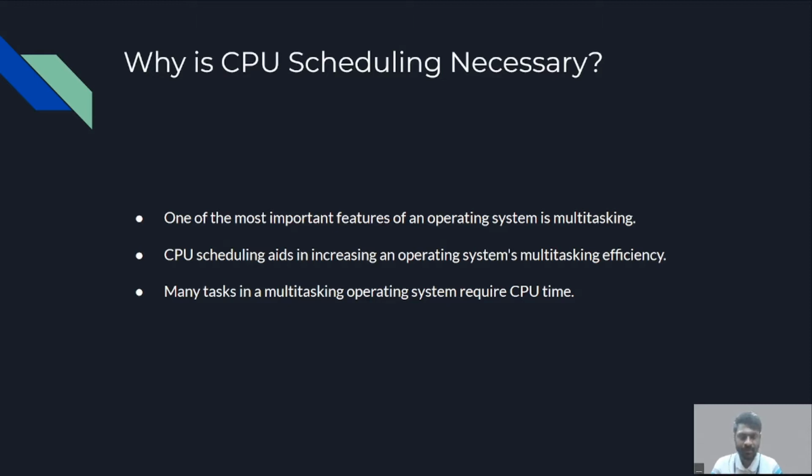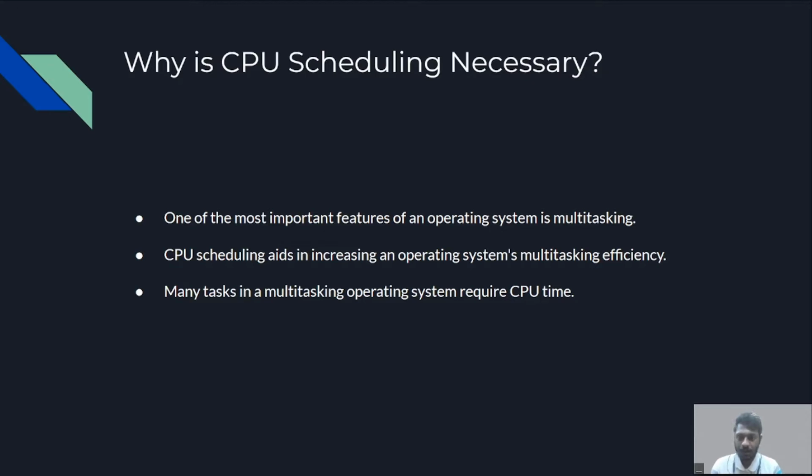One of the most important features is multitasking, where the user decides to open two or three applications, or two or three copies of the same application, and perform operations simultaneously on each of them. Then CPU scheduling plays a very important role, as it schedules the operations that need to be carried out.